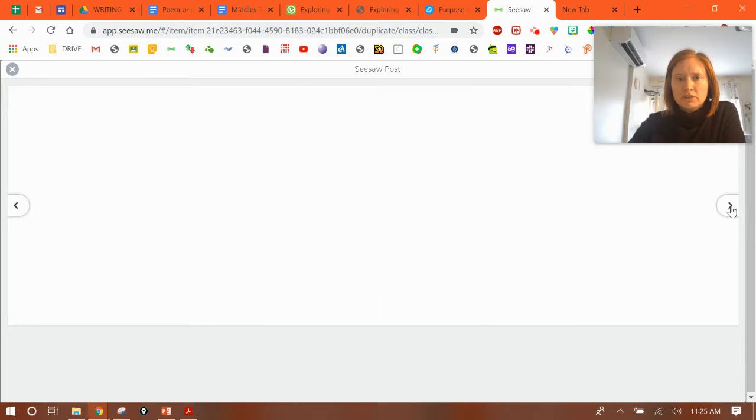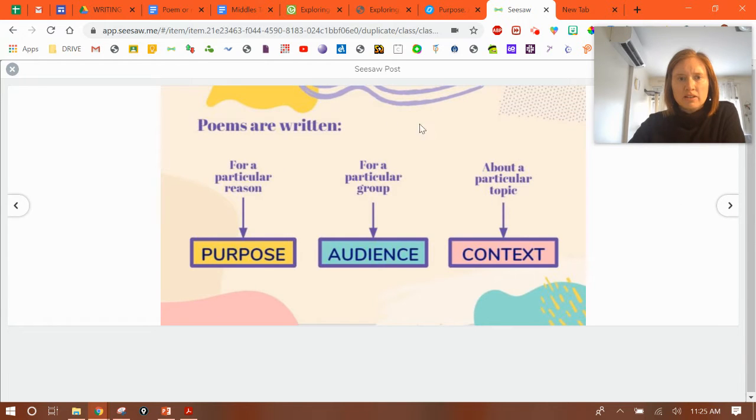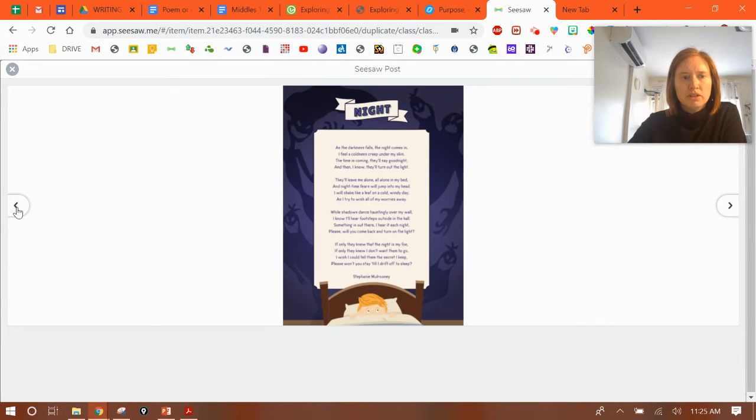I have also included a slide that explains, in case you've forgotten, what purpose, audience, and context are. The purpose is the reason the poem has been written, the audience is who the poem has been written for, and the context is what the poem is about, or the topic of the poem. You'll need to read these.